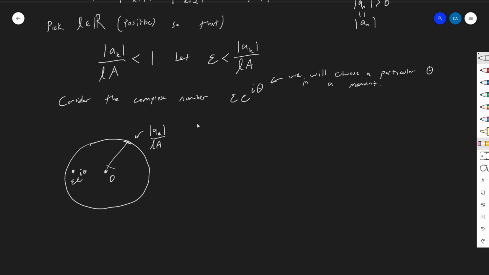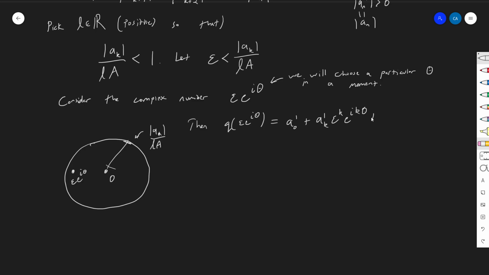So then Q evaluated at epsilon e to the i theta is equal to, let's just write it out, a0 prime plus a sub k prime epsilon to the k e to the i k theta.